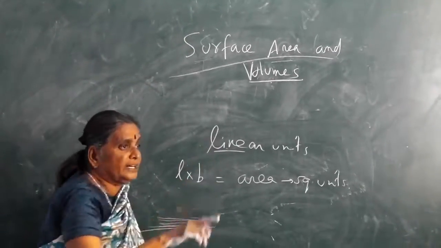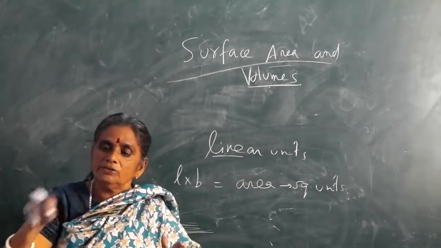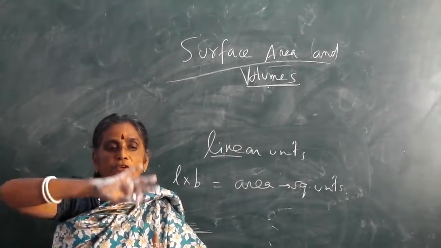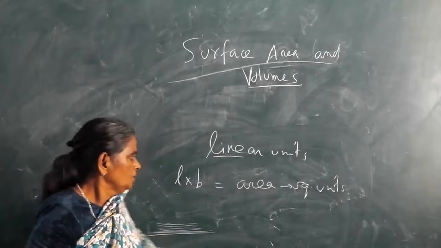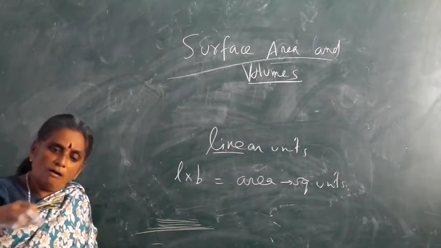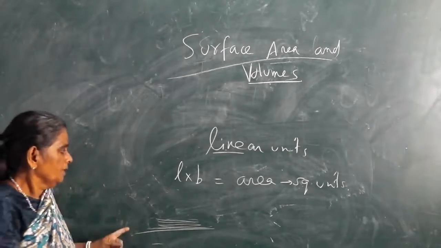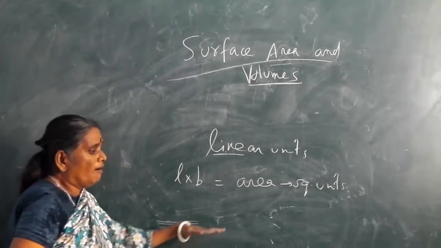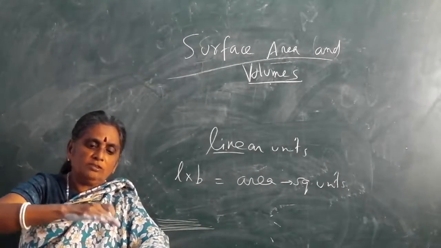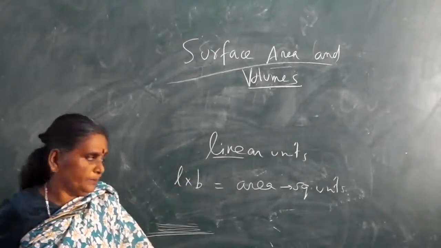If the lines are curved, for example if you take a sphere, all curved lines together will give you the outer surface of a sphere. Same thing, the curved surface area of a cone. All the curved lines, circumferences, will give you a cone. Similarly, all the lines densely packed one over the other will give rise to a solid.